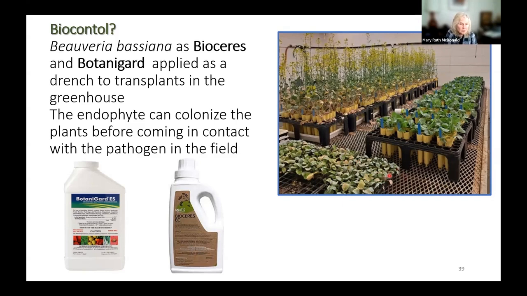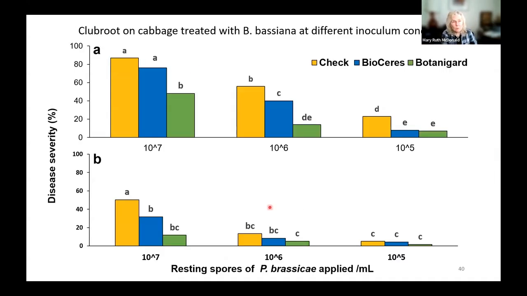So we produced the transplants in a standard fashion, then transplanted them into other pots where we inoculated with the pathogen to simulate putting the transplant into field soil. And when we assessed for disease 6 weeks later, we also looked at different concentrations of the pathogen, because often biocontrols work better under low disease pressure than they do under high disease pressure.